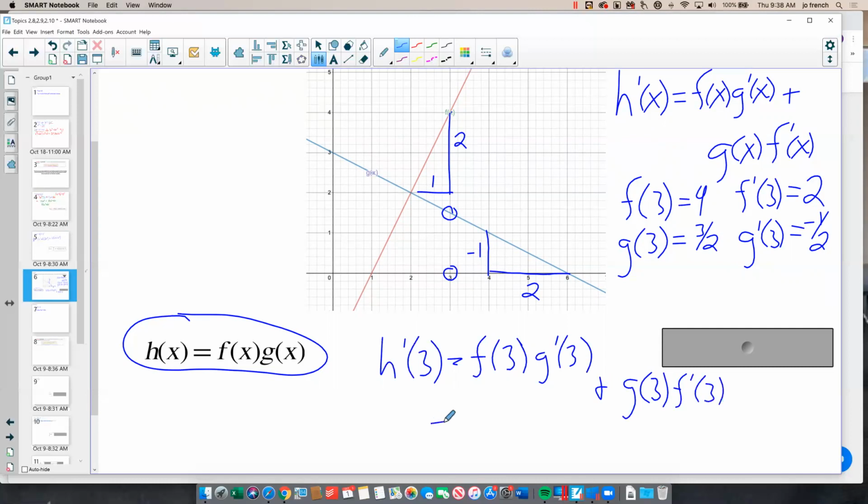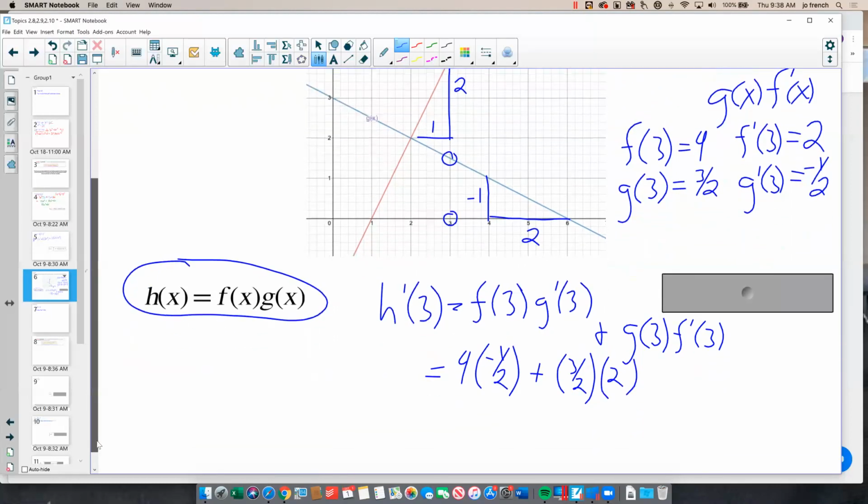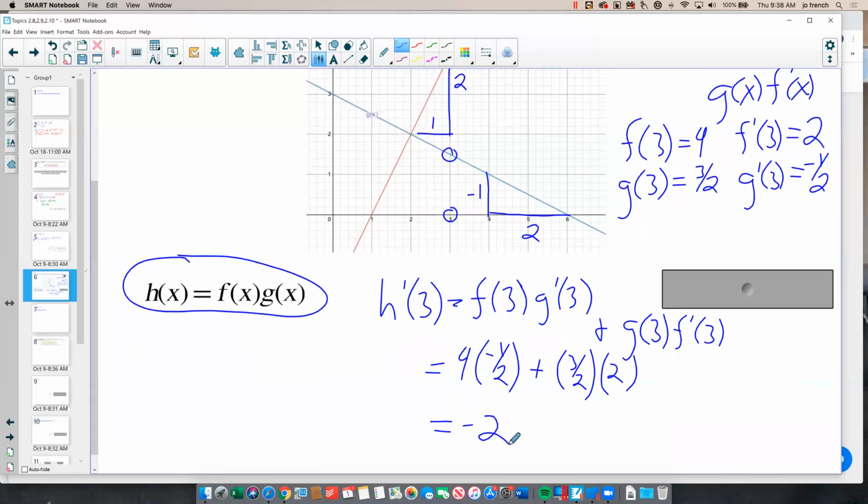So f of 3 was 4, g prime of 3 was negative 1/2, plus g of 3, which was 3 halves, times f prime of 3, which was 2. Well, 4 times negative 1/2 is negative 2, and 3 halves times 2 is 3. So negative 2 plus 3 is 1. And we have our answer. h prime of 3 equals 1.